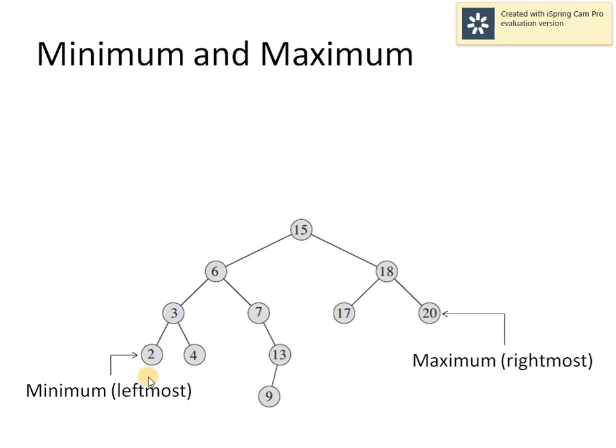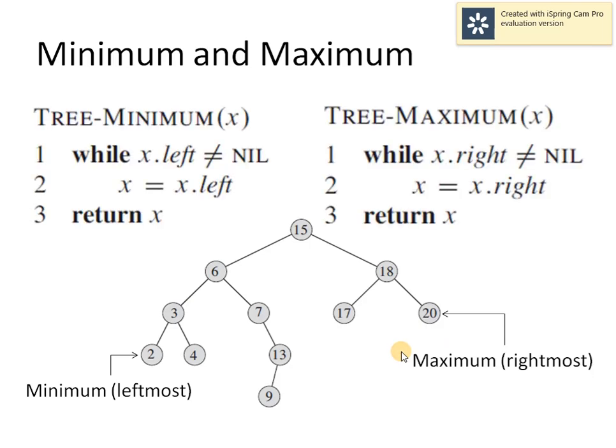So we have to traverse till the left of a node becomes null to get the minimum, and similarly till a node whose right becomes null to get the maximum value. The procedure for these two functions is very simple. We simply accept the root in both cases, and to find the minimum, we iterate till the left pointer becomes null. The moment we reach a node whose left is equal to null, we return that node.